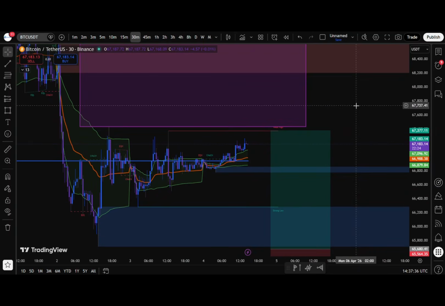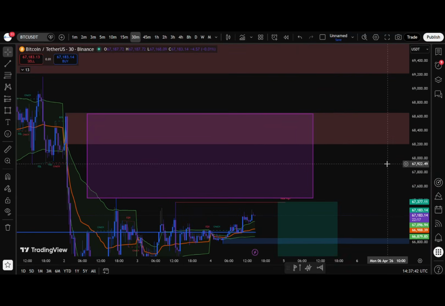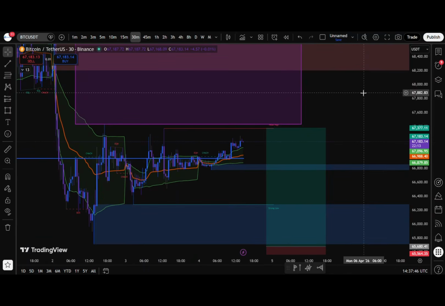So when we combine volume profile, anchored VWAPs, VWAP bands, and simple smart money concepts, we can plan ahead in either direction. I hope that makes sense.